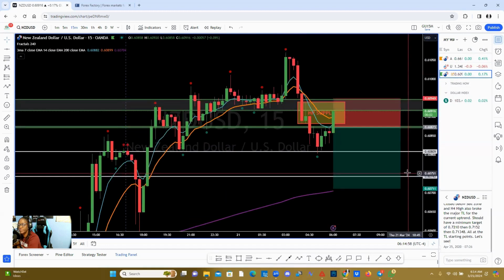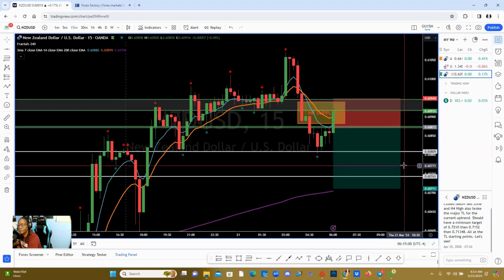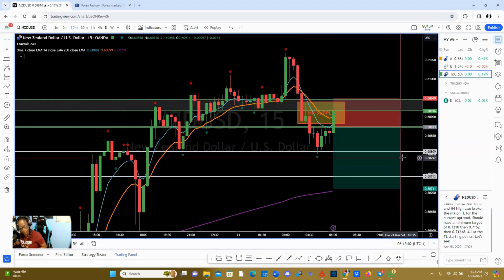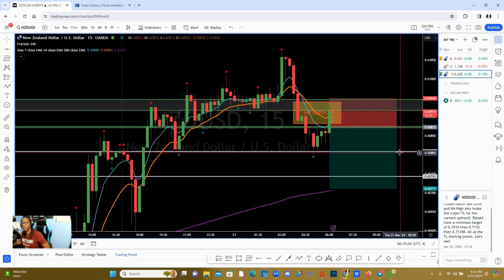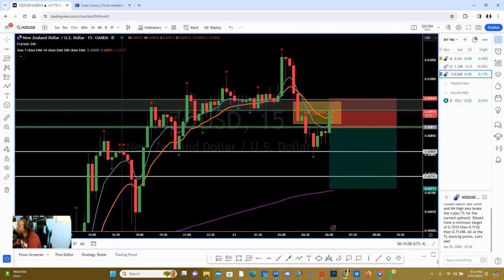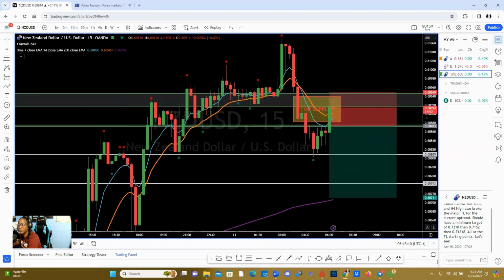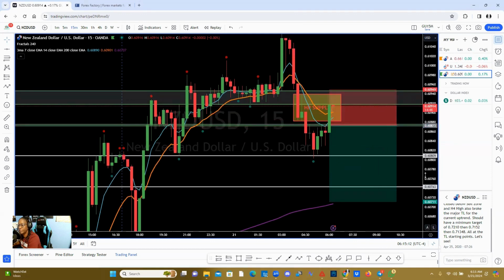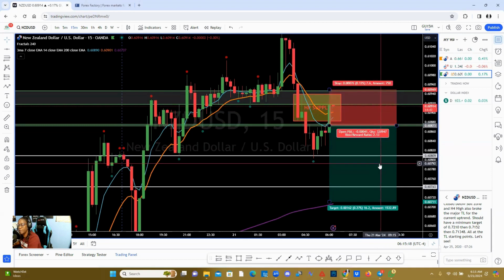Terrible short, terrible trade. So now price should be heading back down into this area, which is a little scary for me.